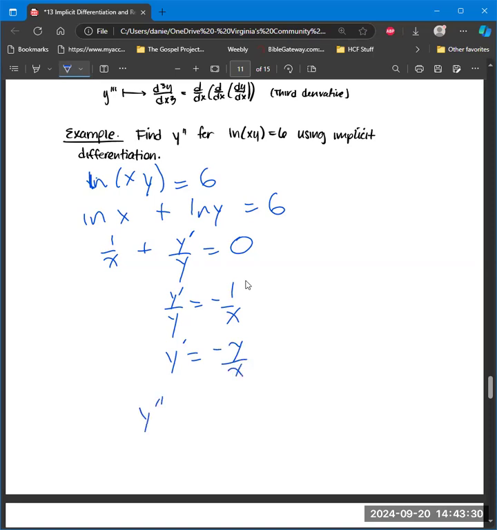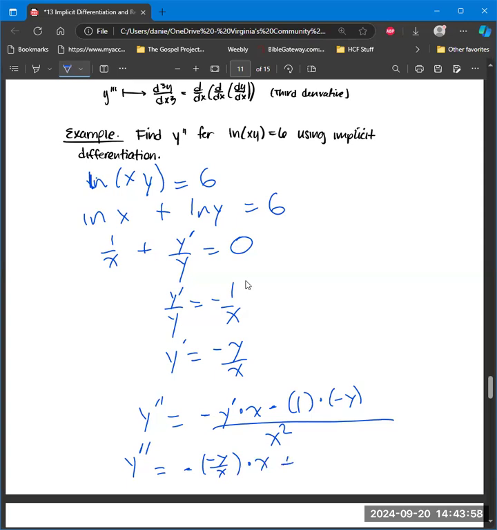Second derivative, we want to use the quotient rule. So the derivative of the top times the bottom minus derivative of the bottom times the top, all over the bottom squared. So y double prime is going to be a negative, and then y prime was a -y over x times x.